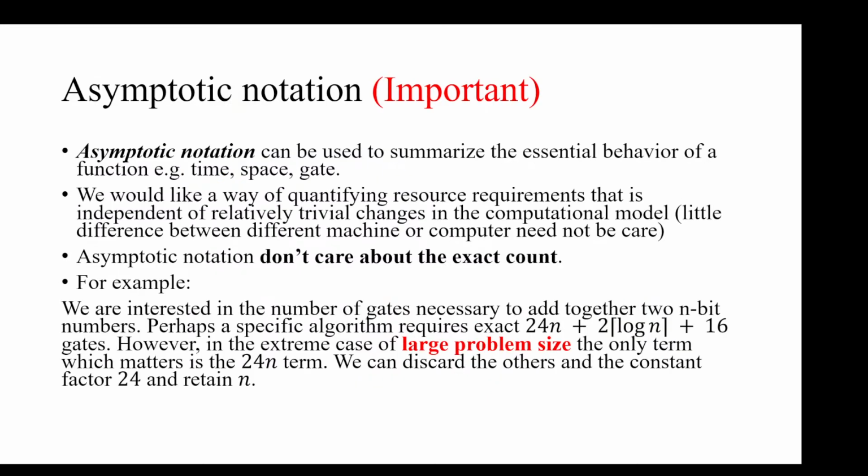Okay, then I want to go to the most important concept now, although we only have 10 minutes left. This important concept is asymptotic notation. This is something you should remember even if you forget the quantum computation.